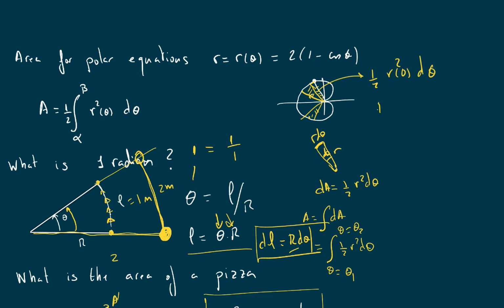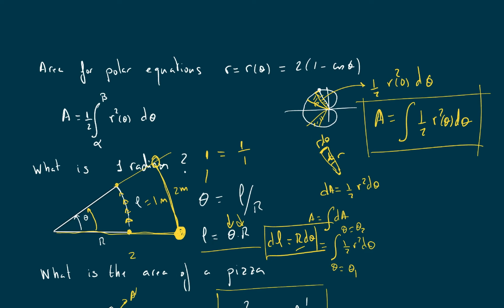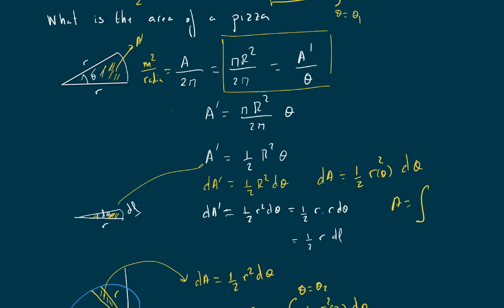So the area will be the integral of 1/2 r squared of theta d theta. And this is the equation that we will use. And I hope that I have justified this equation enough.